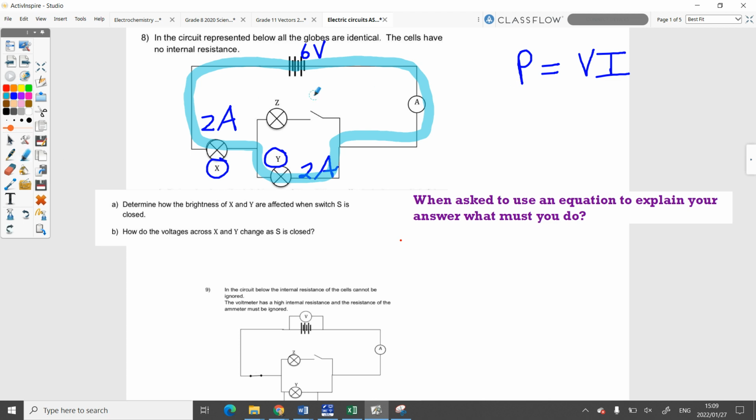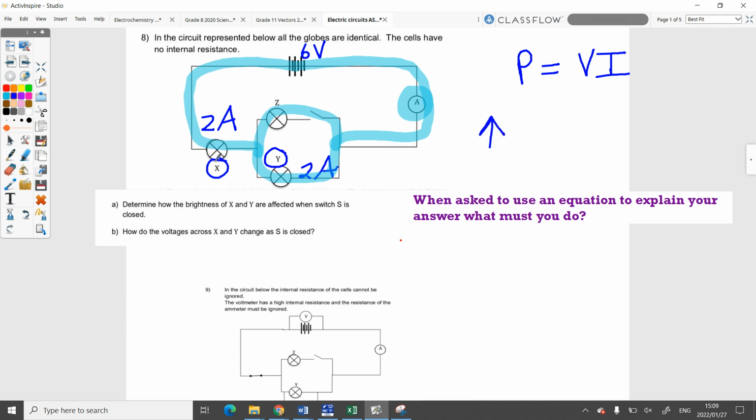Now we're closing the circuit here. So if we're closing it, now is the current going to go up? The total current, this current here, is it going to go up or down? We're opening another door. Up, because if we open another door, we're making it easier for the current to flow. So that means the current is going to go up.